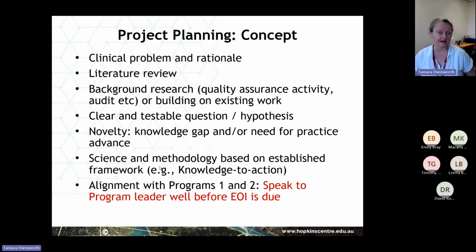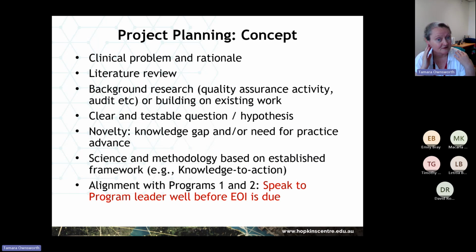So in terms of planning a seed grant, it's very important that the concept of the grant is well thought through from a clinical perspective, that it's a problem or issue that you've identified that is having an impact on service delivery and client outcomes, so that there is a very clear rationale for why you've chosen this particular clinical problem, at what point you are in the care continuum, and that you have conducted a literature review to see whether the answers actually are already in the literature and may be applicable to your setting.